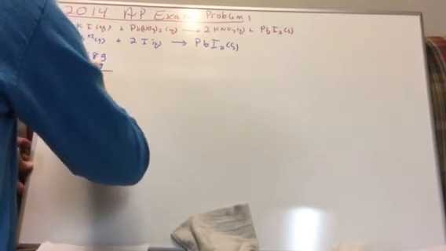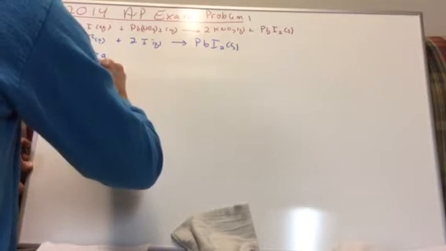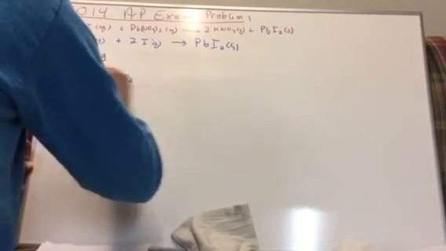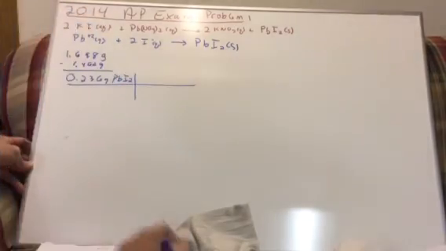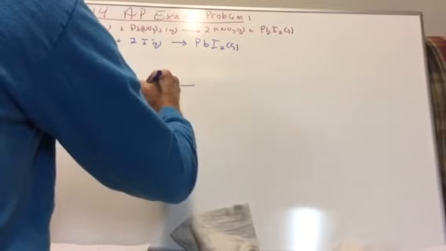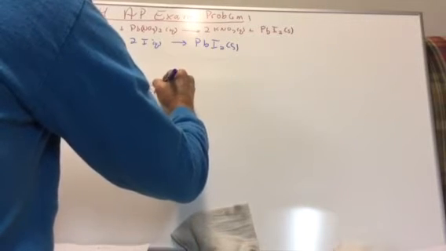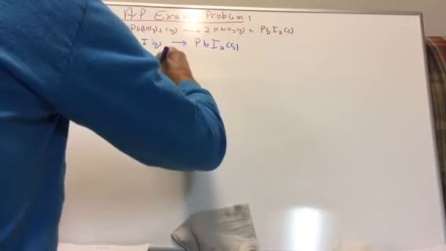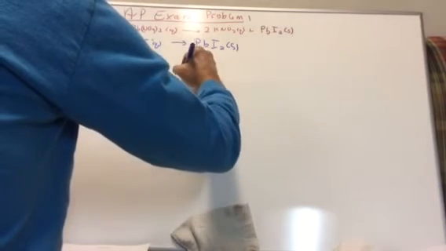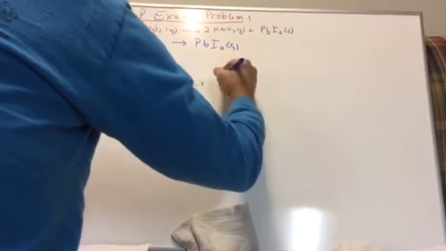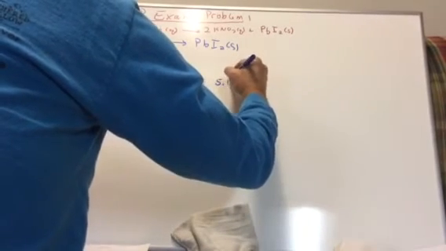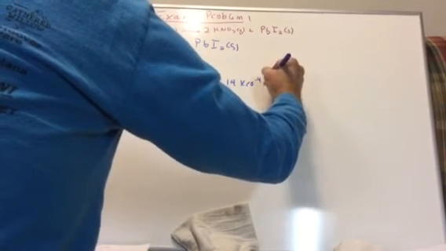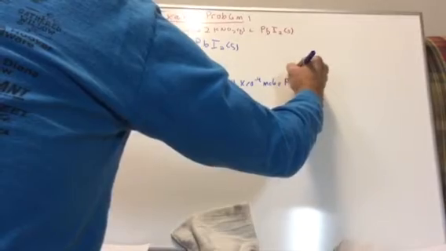That gives us a total of 0.236 grams of the lead 2 iodide. Using the periodic table, I like to go 2 places past the decimal. It's 461.12 grams of lead 2 iodide to 1 mole of lead 2 iodide, and that gives you 5.14 times 10 to the negative 4th moles of lead 2 iodide.